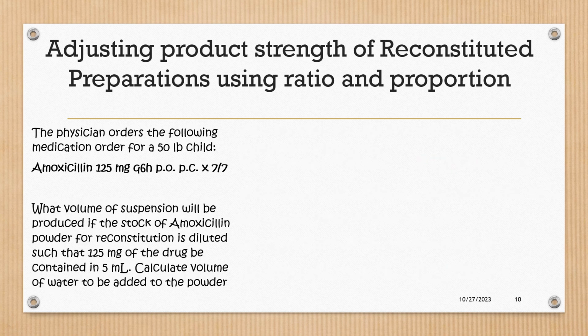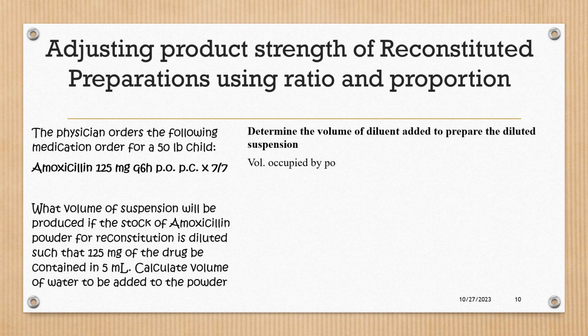So now that we have established that we need to dilute the 4,000 milligrams of drug that we have in the bottle up to 160 mils to get a concentration of 125 milligram per 5 mil, there is some information now that we need to work towards.